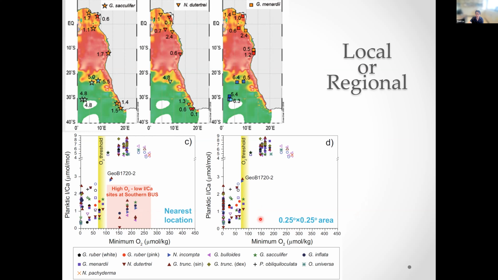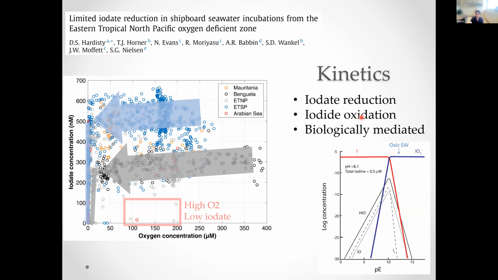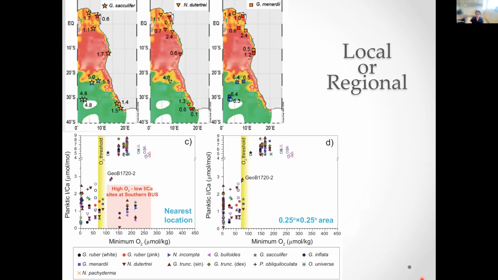With water mass advection, you can locally capture, and also with slow iodide oxidation, you can get into situations like this. If you're a paleoceanographer, you're very used to looking at one foram datum and trying to pinpoint the water condition right around this foram habitat, so you need to be a little bit careful when you use this proxy.